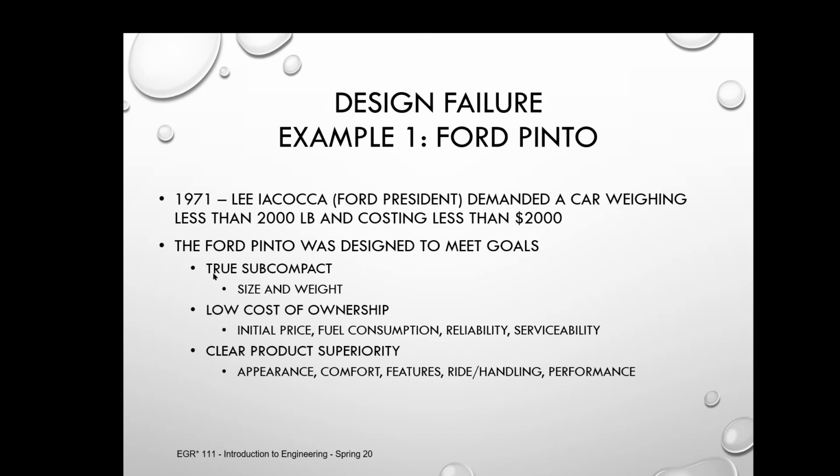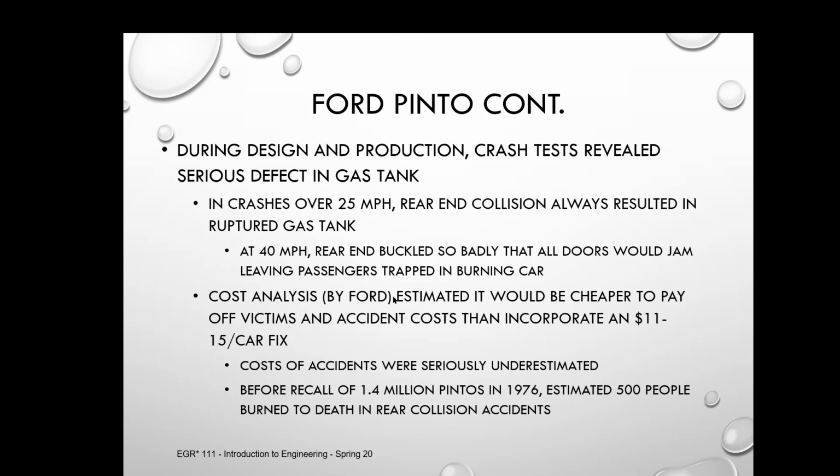So they came up with a Pinto. Size and weight, initial price, reliability, fuel consumption. Relatively low cost and product appearance. Well, that's always a relative thing, right? Comfort, features, handling, performance. Does it meet the specs or design goals, right?